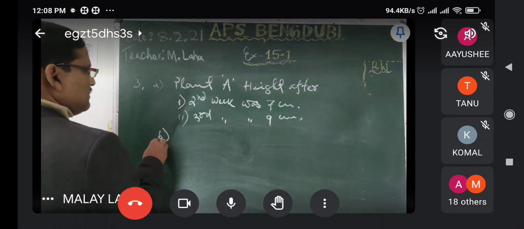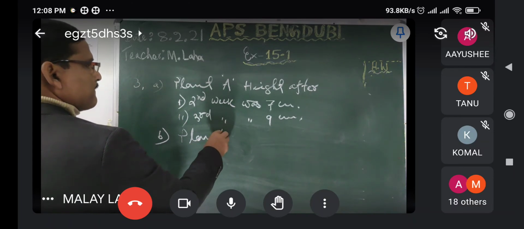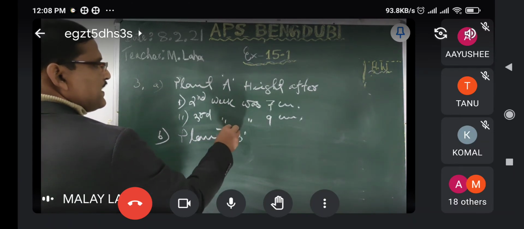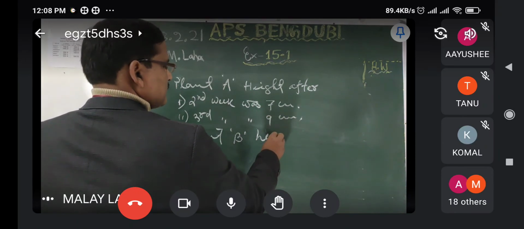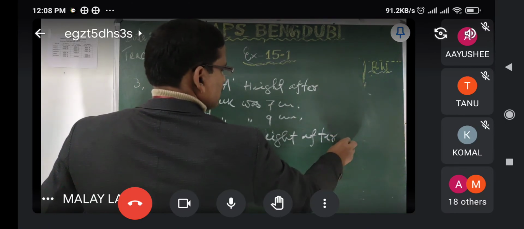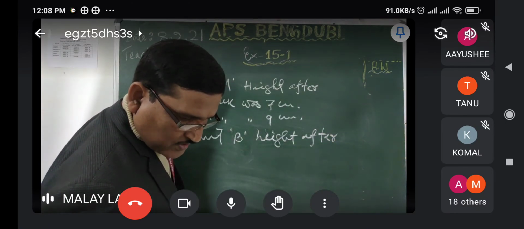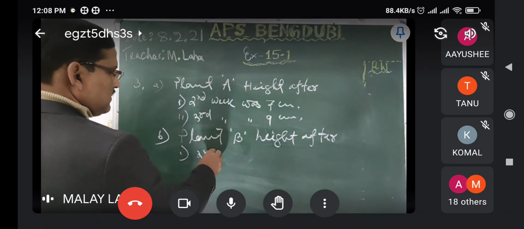Number B, plant B के बारे में. Plant B height after second week and also third week.